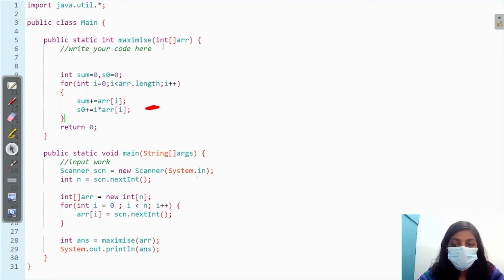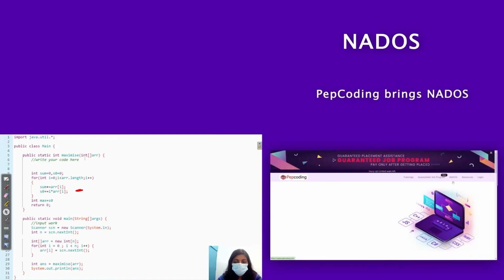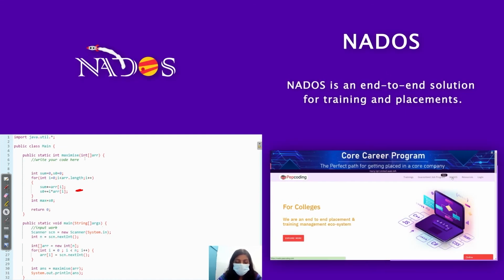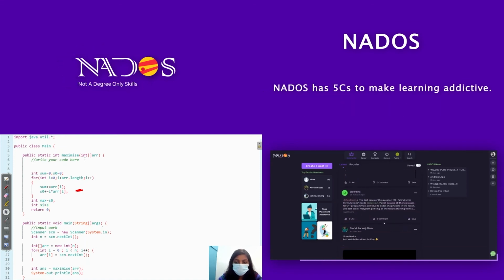Now we will have a max which will be equal to S0, and int Si is also equal to S0.